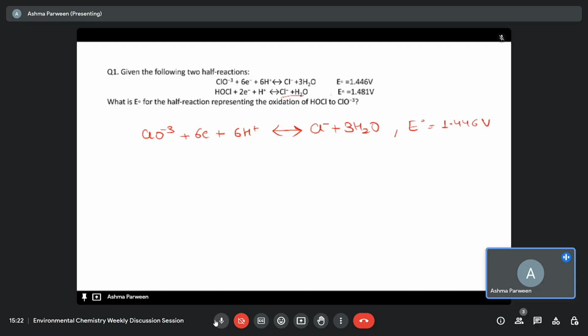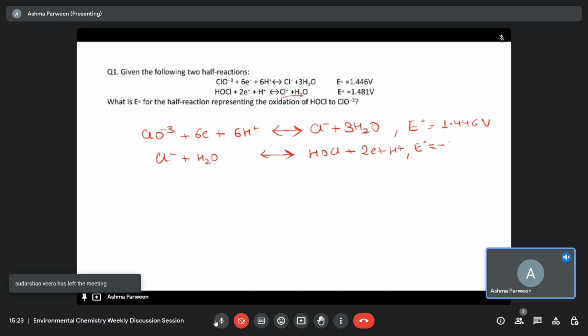So we will write the product on the reactant side, that is Cl minus plus H2O, and it will give us HOCl plus 2 electrons plus H plus. Now since we have reversed the reaction, the E naught will be reversed in sign. The value will be the same, only the sign will be negative. Here the earlier E naught was given as plus 1.481. Now since we have reversed the reaction, it will be minus 1.481 volt.